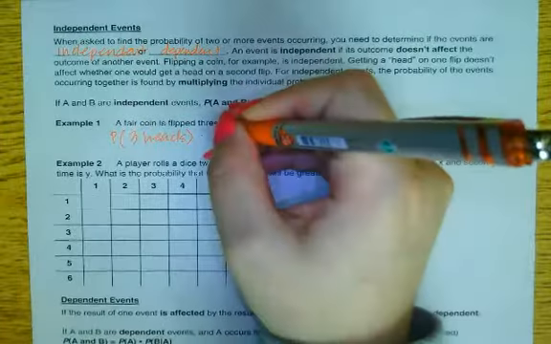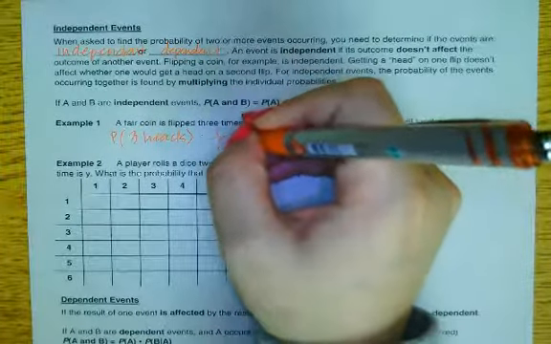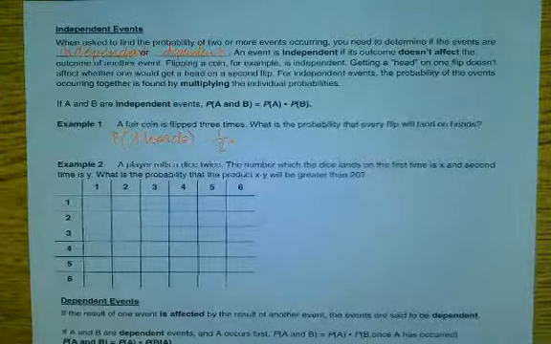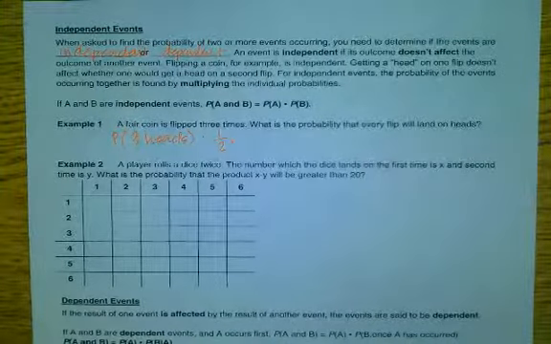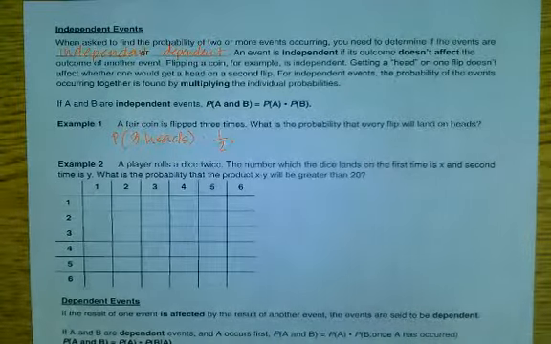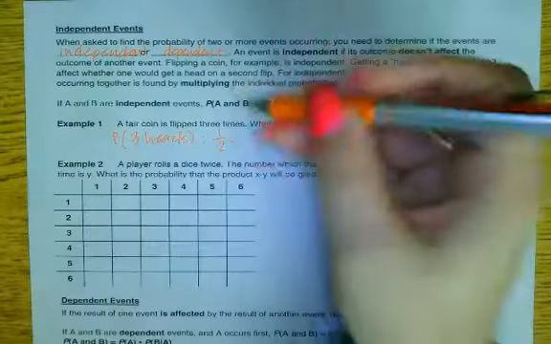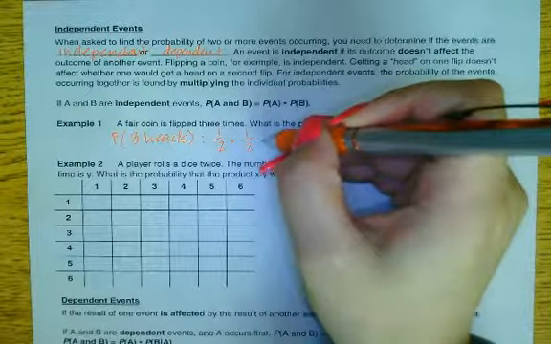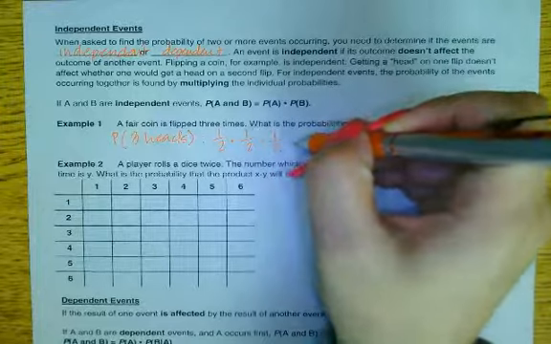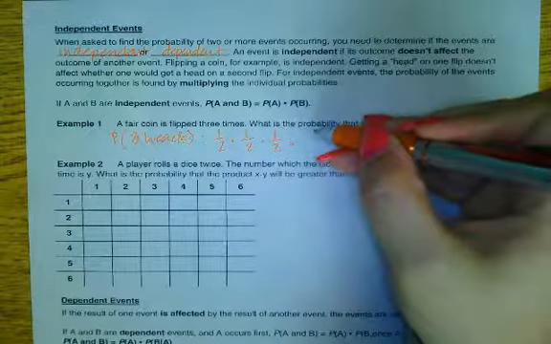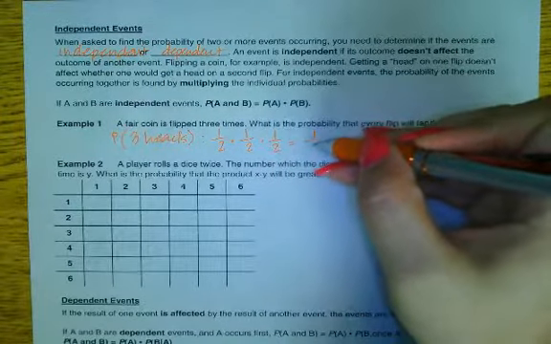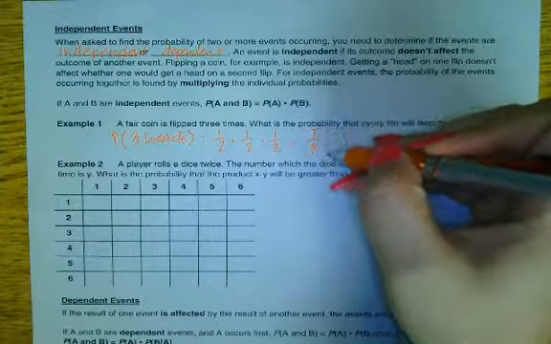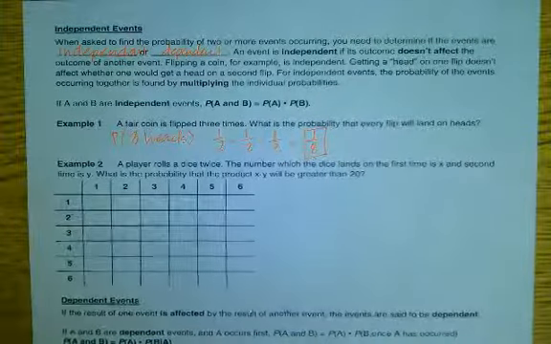So you would do 0.5, which is 1/2, because the probability that you would get heads is 1 out of the 2 choices you have, heads or tails. Okay, so you have 1/2 times 1/2 times 1/2, and what do you get? 0.125. Which is 1/8. Leave it as a fraction if you can.